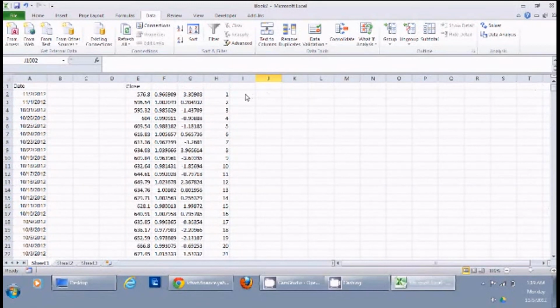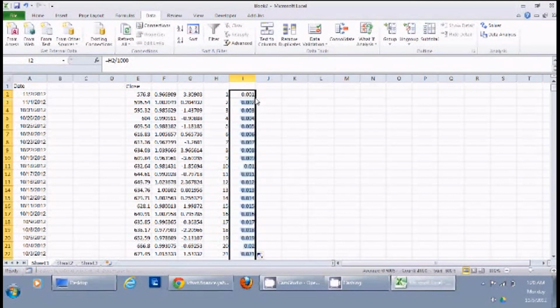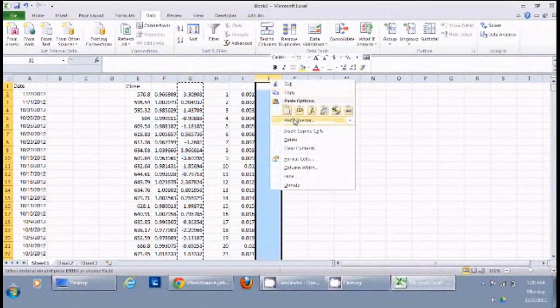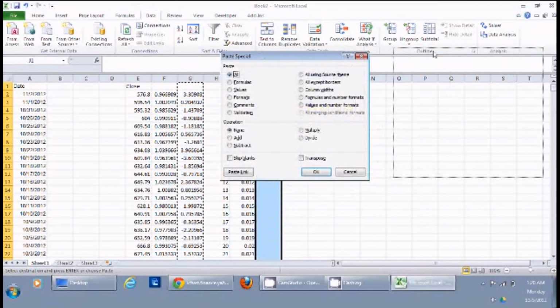So what I'll do again is divide this number in column H by 1000, and then I'll copy again, and I get 0.001, 0.002, 0.003 like this. Then I copy this percentage change column and paste it in a special way, because I don't want the formula, I just want the values.